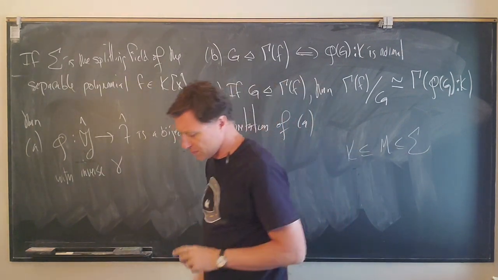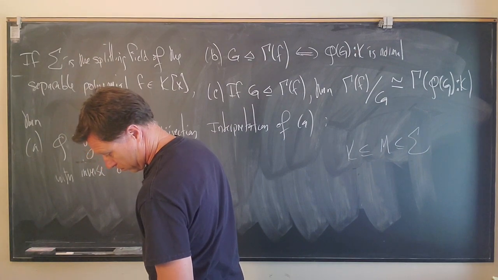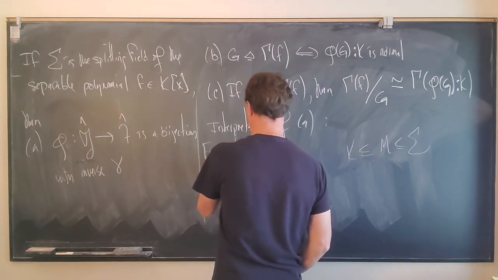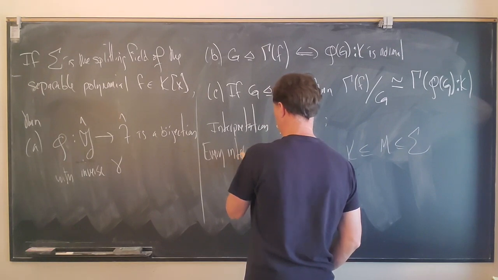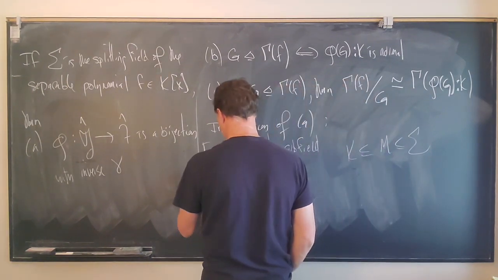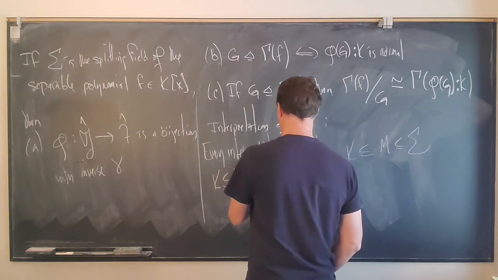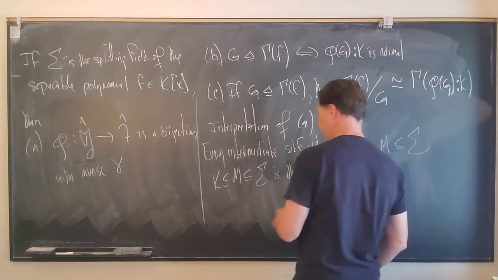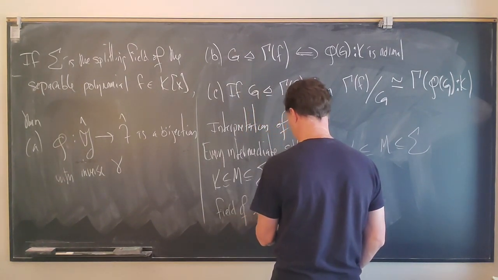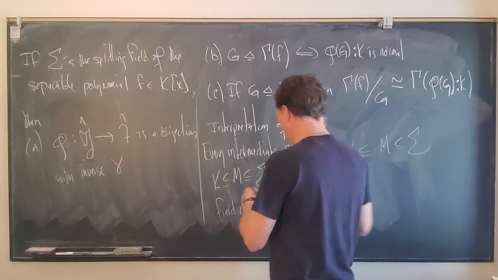And so what this gives us, and so let's say it like this, so interpretation of A is that every intermediate subfield M in between K and sigma is the fixed field of some subgroup of gamma of F. What is that saying, or why am I able to say this?